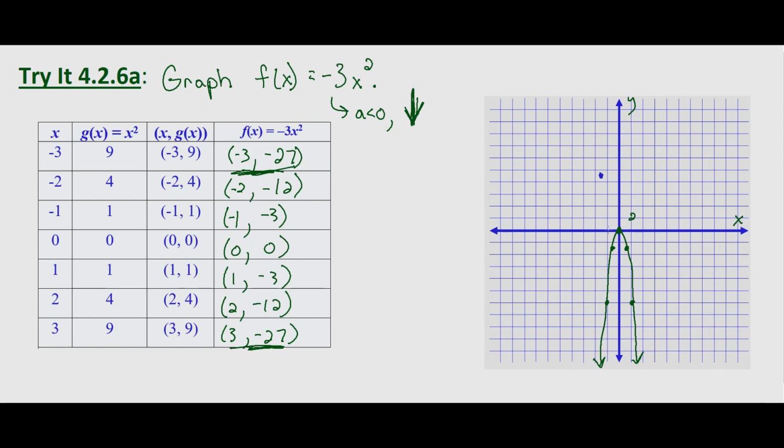Negative 2, 4. Negative 1, 1. 1, 1. 2, 4. And then 3, 9. We also have the vertex still at 0, 0.